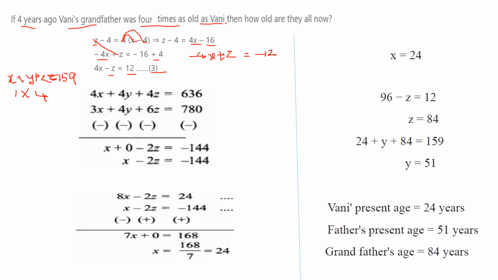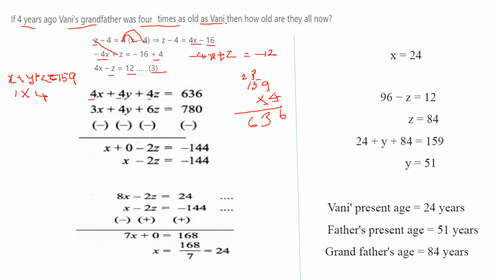So 4 into X, 4X, 4 into Y, 4Y, 4 into Z, 4Z equal to 159 into 4. So 4 9s are 36, 4 5s are 20, 20 plus 3, 23, 4 1s are 4, 4 plus 2, 6. 636.